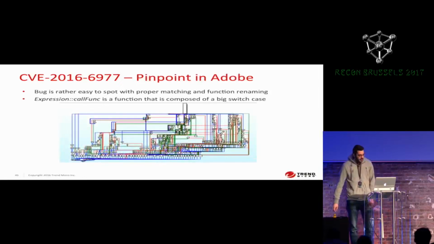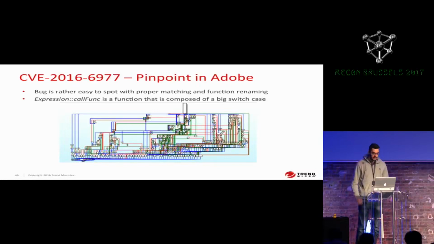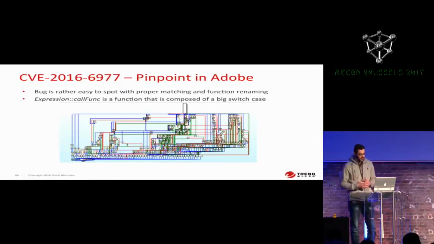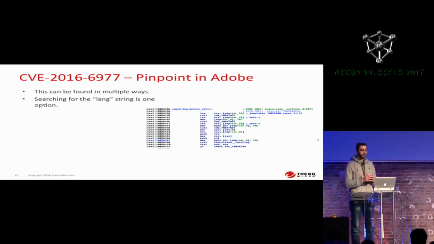It's not that easy to spot this one. This is the function that contains the whole switch case that implements all these XPath functions. But you can use one of the techniques that I described before, which is to look for lang, and then you're going to be able to land inside callfunc, and from there you can calculate the case number, and then land in substring before and after.